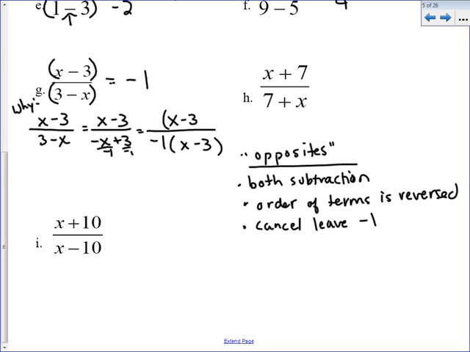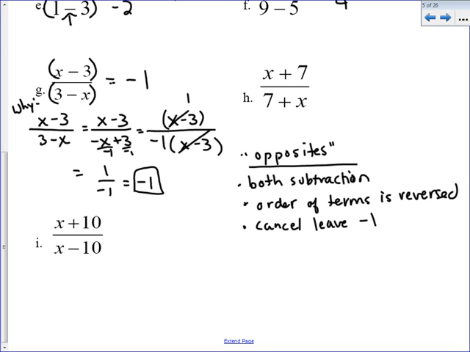Well, if I look at this now, can I cancel any of my factors? Yeah, what can I cancel? The x minus 3's cancel. And when the numerator gets completely crossed out, what goes in its place? The numerator, just by itself, is going to be +1. So I'm down to 1 over -1, just -1.